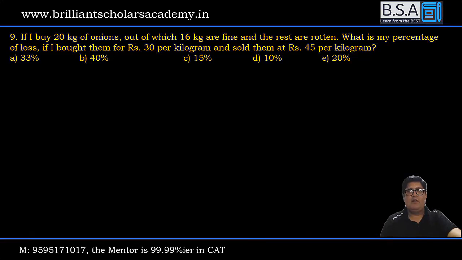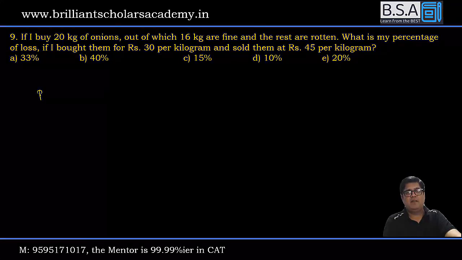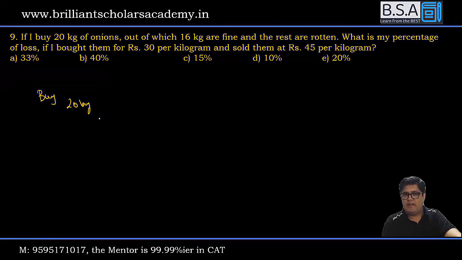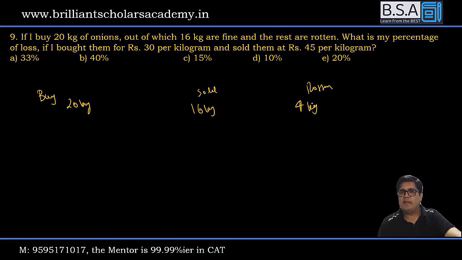While purchasing, 20 kilograms were purchased. 16 kilograms can be sold as 4 kilograms are rotten. These cannot be sold, so they don't matter. While purchasing, these were purchased for rupees 30 per kilogram.